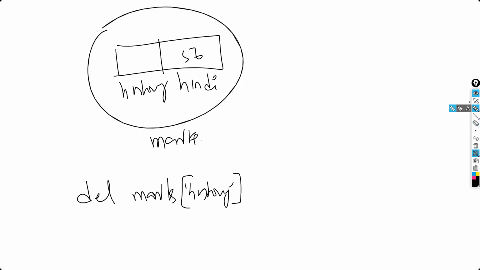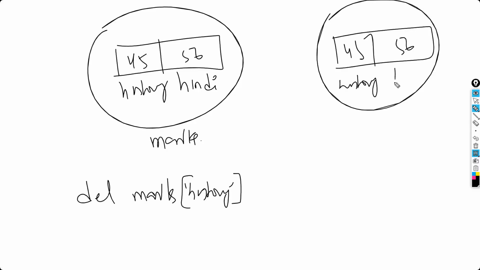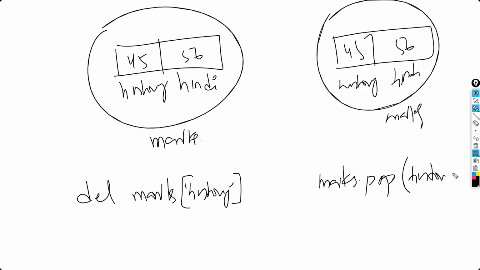Now, same example. Here you are having one more time 45 with history, 56 with Hindi. Marks dot pop, pop of history. Now, which one are you removing first? The key you are removing.